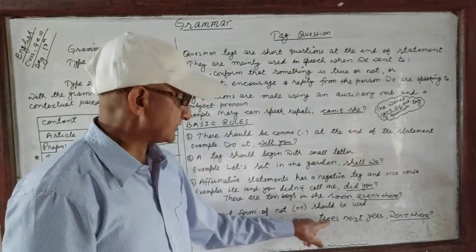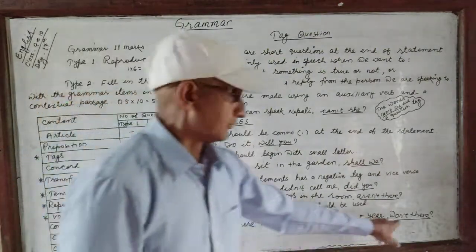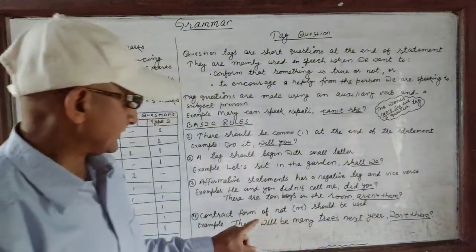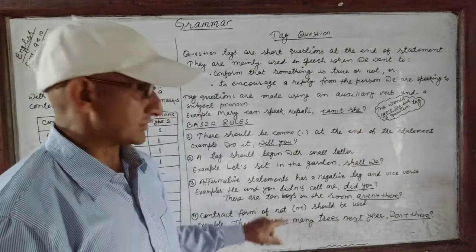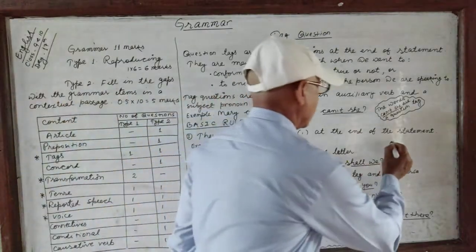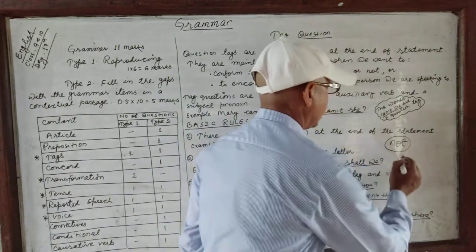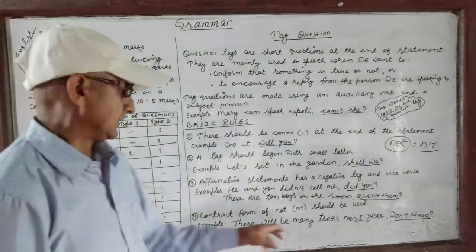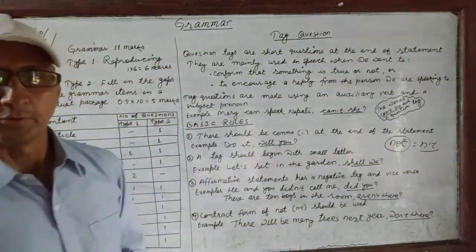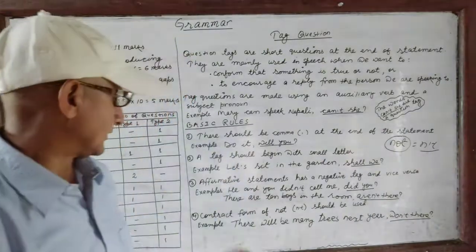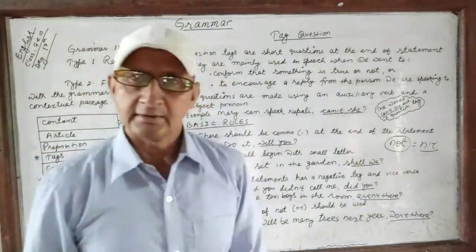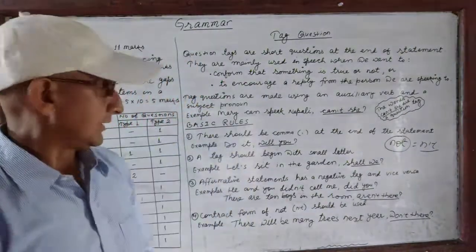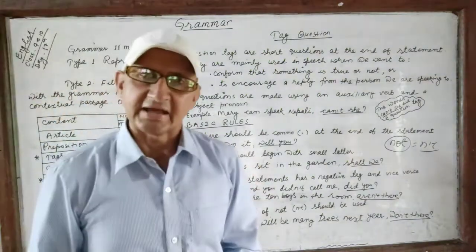There will be many trees next year, won't there? We have written the contracted form of not. We have not written not in this way. We have written it in contracted form. So we always use the contracted form of not in tag questions. In this way, we write the tag after the statement.